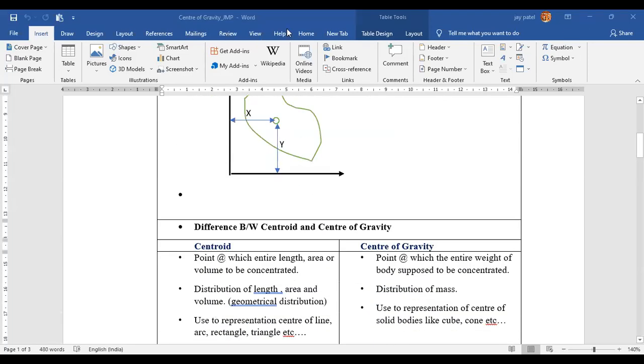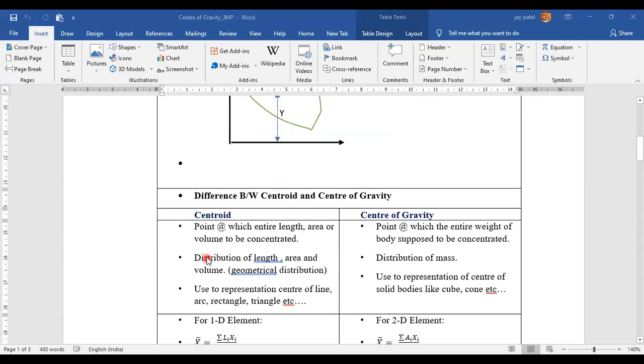Now, it is an important question: the difference between centroid and center of gravity. What is centroid and center of gravity? Centroid is the point about which the entire length, area, or volume is supposed to be concentrated. In the case of center of gravity, it is the point about which the entire weight of the body is supposed to be concentrated. Centroid is a distribution of length, area, and volume, which means it is a geometrical distribution.